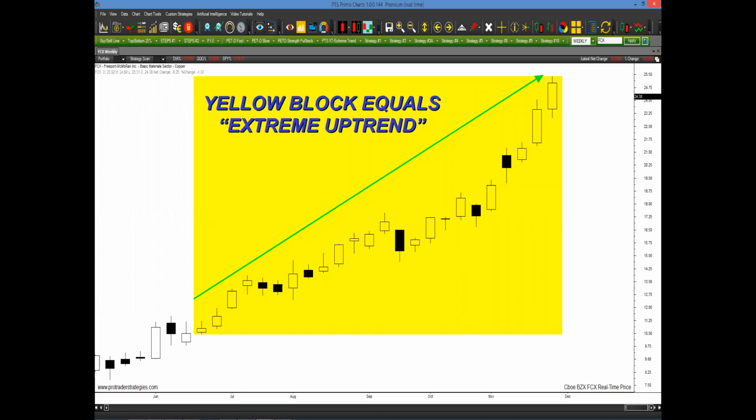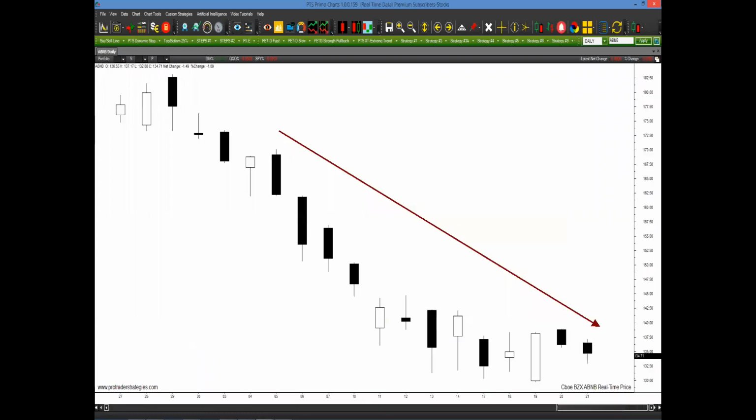As you see right here, it started painting the yellow block right back here. And this is where you would have been interested in buying, because look what happened after that. Now, remember, it's just a tool that tells you when an extreme trend is in play or about to be in play. It doesn't tell you how high something's going to go, or as we look here, how low something's going to go.